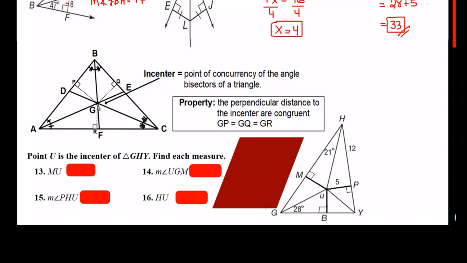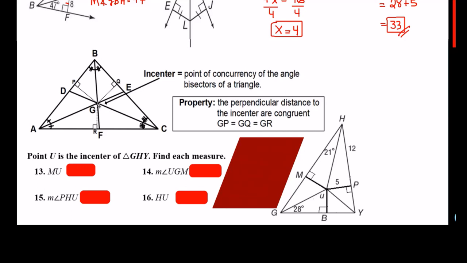And the property is, if you draw the perpendicular distance, that means I'm drawing a segment that is perpendicular to the side of the triangle and is touching the incenter, and I draw that to every side, okay? Please notice this is not the perpendicular bisector, because as you can see, this segment here is much smaller than this one.